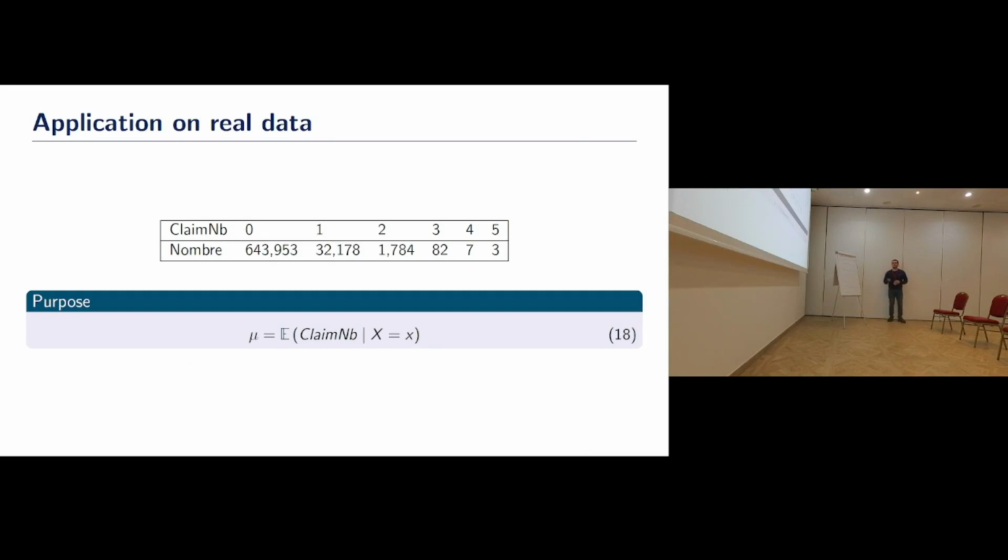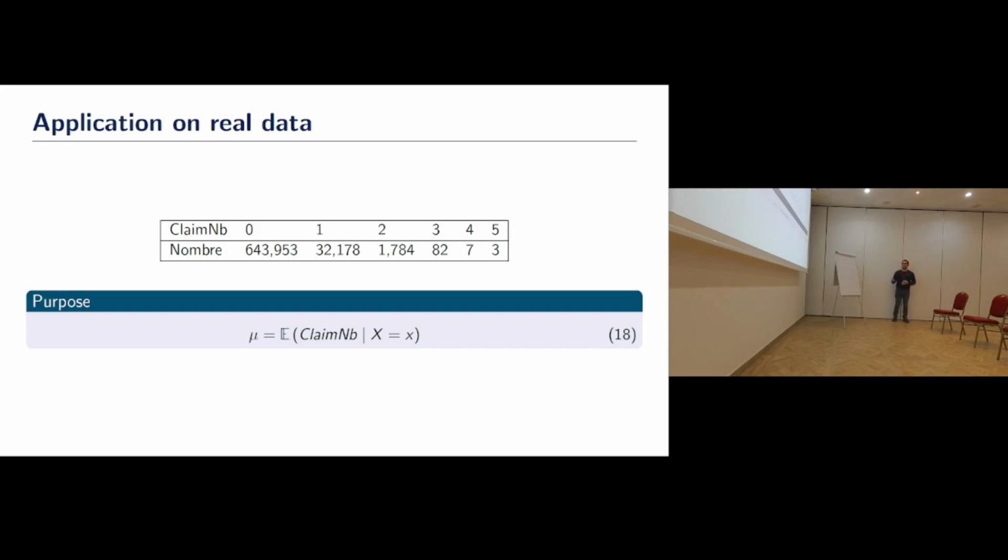Here we have the claims. We're just looking at the target variable. You can see that we have a big excess on the 0. We have a lot of drivers without any claims. It's a good thing. We have some drivers with one. We have 32,000 drivers with only one claim during the year.